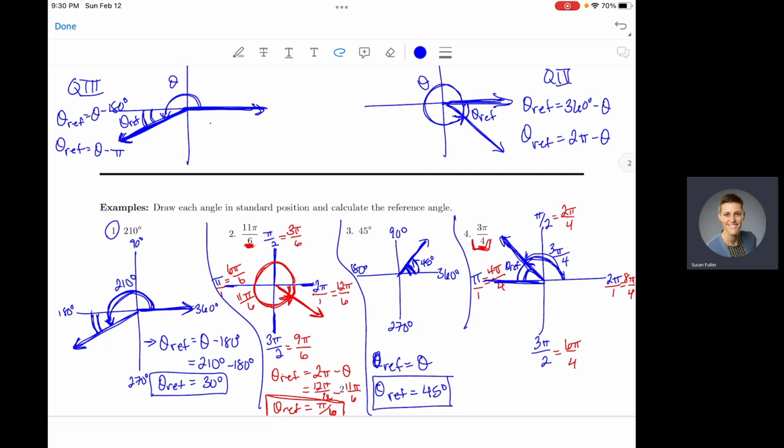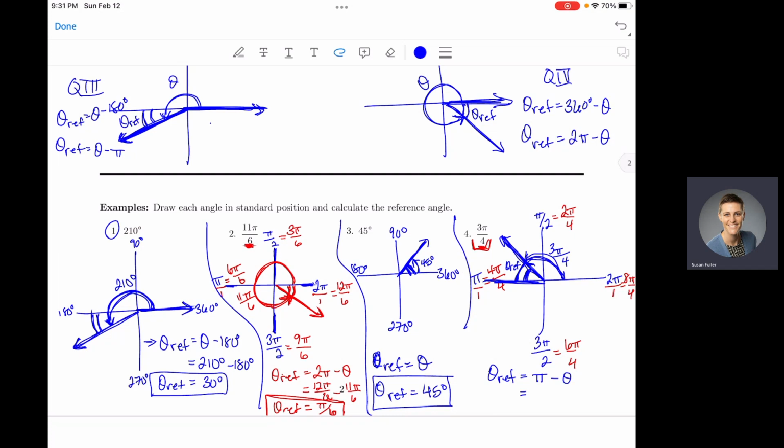Notice my theta ref is how much further from theta I would have to go to get to pi radians. So to find my reference angle, I'm going to have to take pi radians and subtract my angle theta. I want to know how much further from theta do I have to go to get to pi. So I'm going to subtract theta from pi to see what's left over.